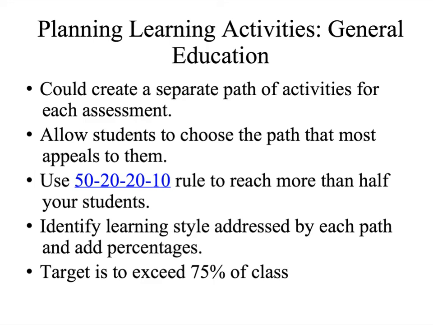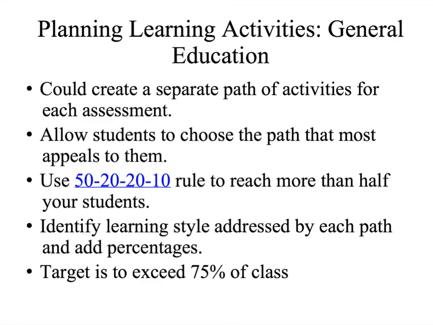So try to create learning paths that you think appeal to those 4 different learning styles, and try to create a combination that reaches at least 3/4 of your class, right? And again, you can't always assume that your class is going to break down into that 50, 20, 20, 10% breakdown, but by doing a learning style inventory up front as a pre-assessment, you'll be able to know how your class breaks out and create paths.